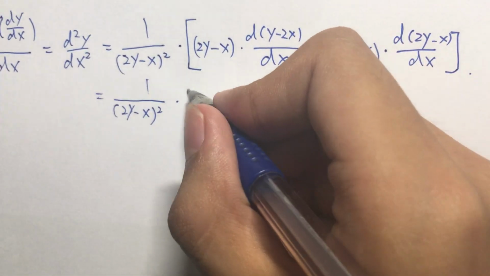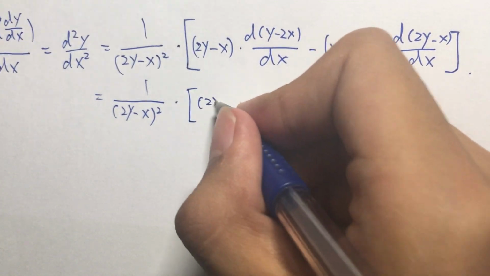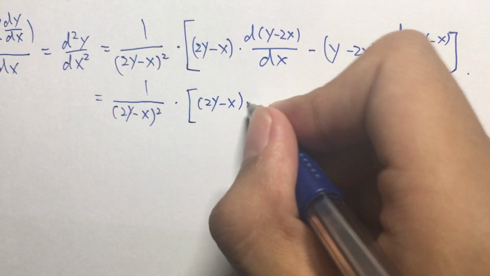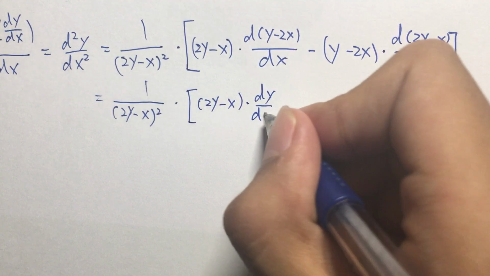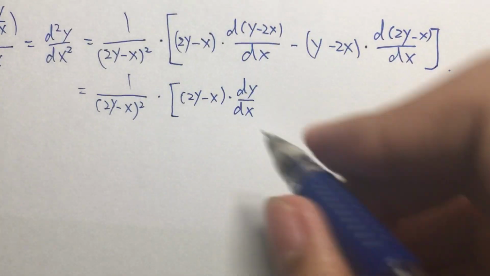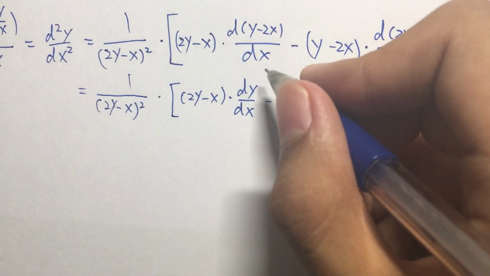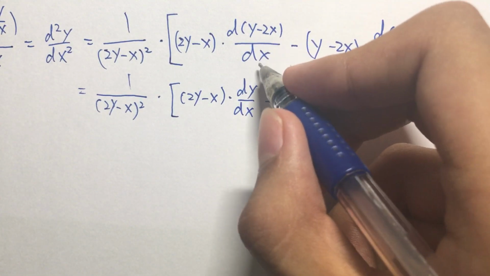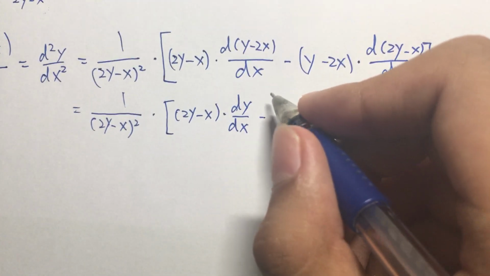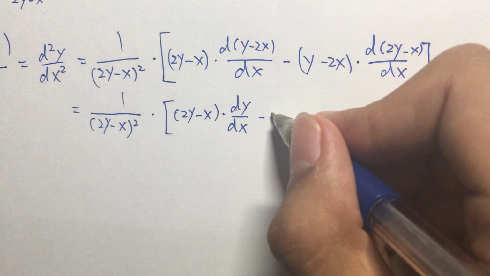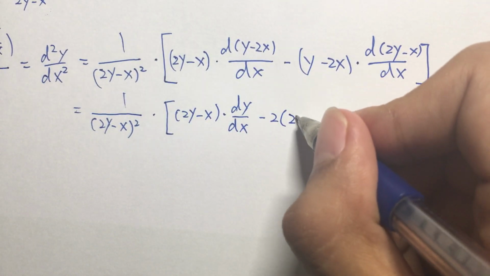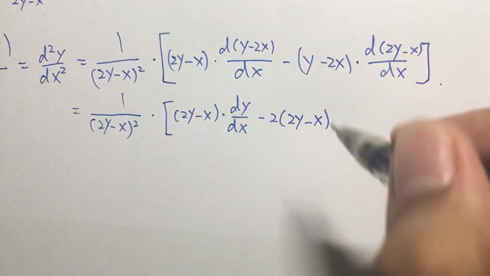This becomes (2y minus x) times dy over dx, and then minus, well, d(2x) over dx becomes negative 2, so we have negative 2 times (2y minus x).